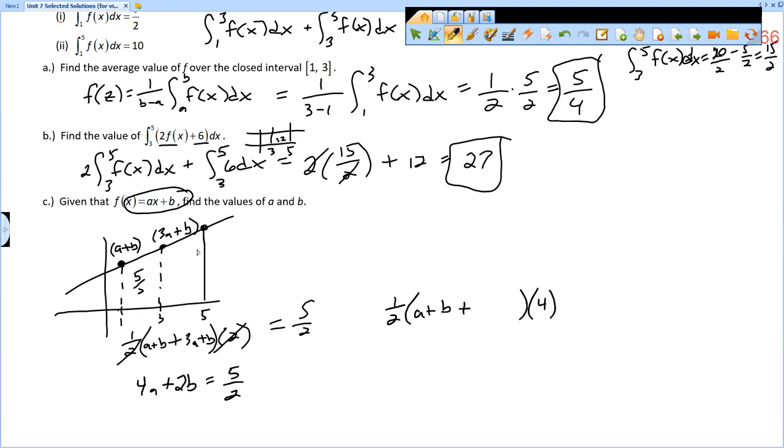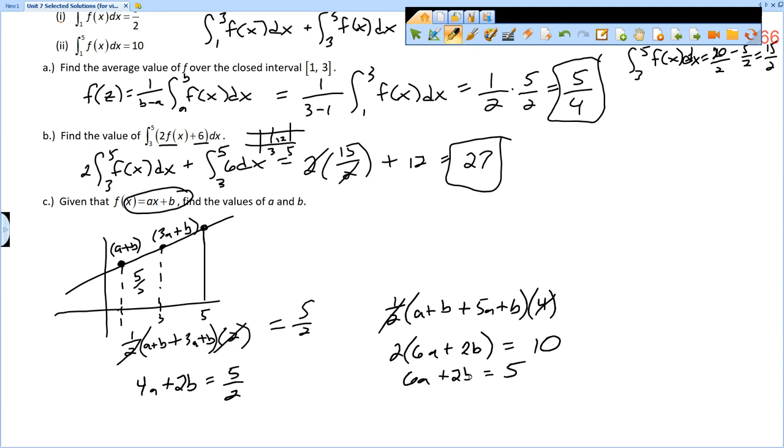Base 2 over here is going to be 5a plus b. And 1 half of 4 is 2, so I get 2 times a plus 5a, so that's 6a plus 2b, and it is going to be an area of 10. Now I can divide by 2 and get that 3a plus b equals 5.